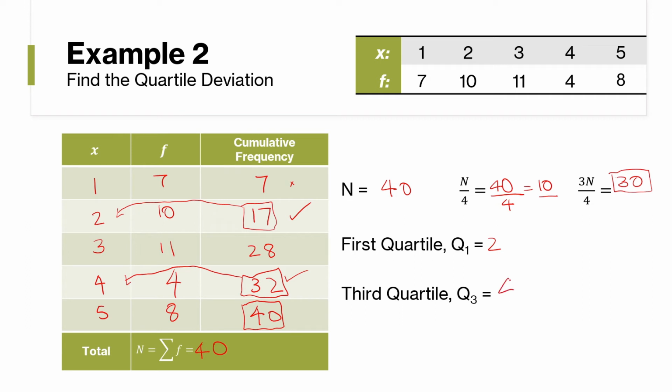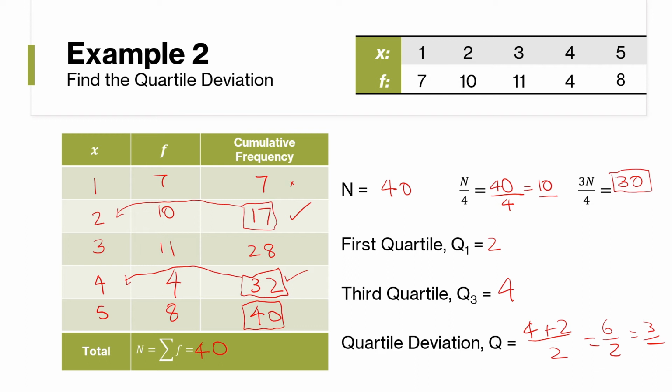So the third quartile is 4. Thereby, you can find the quartile deviation as 4 minus 2 by 2, half the difference of the third and first quartile, and that is 2 by 2, or 1.